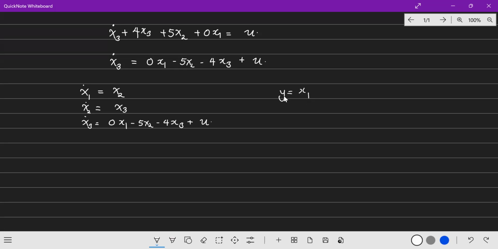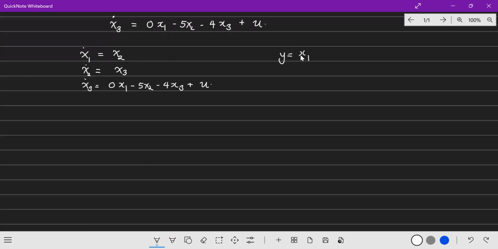So y only depends on the x1 state variable. Now let us write this in matrix form: x1 dot, x2 dot and x3 dot is equal to, now we write this as an n by n matrix.